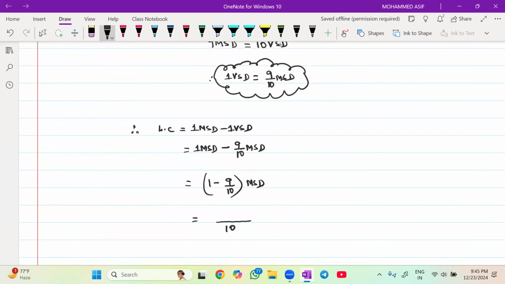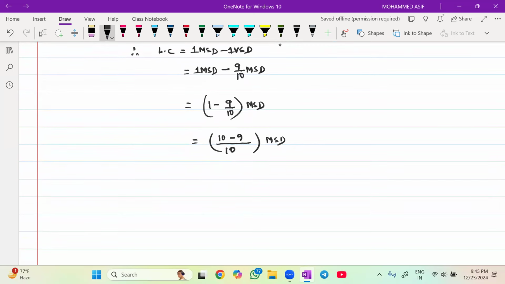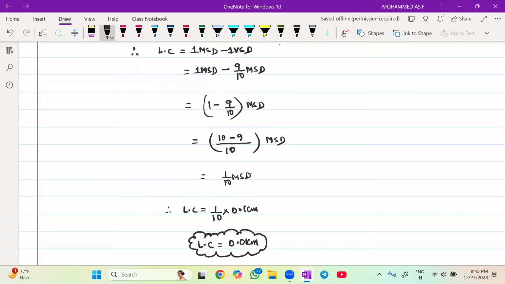So this value will be 10 minus 9 into MSD over 10. 10 minus 9 is 1, so 1 divided by 10 into MSD. Therefore, least count is equal to 1 by 10 into main scale division. 1 main scale division is 0.1 centimeter. That means least count will be equal to 0.01 centimeter. This will be the answer for this one. Am I clear? Very good.